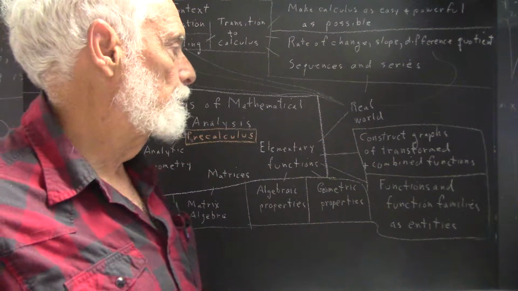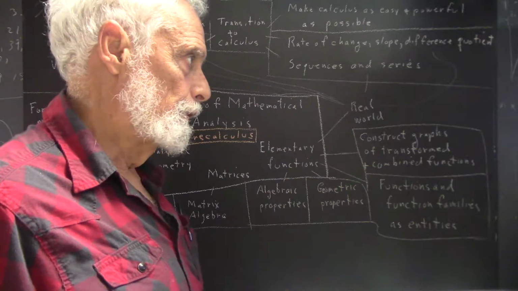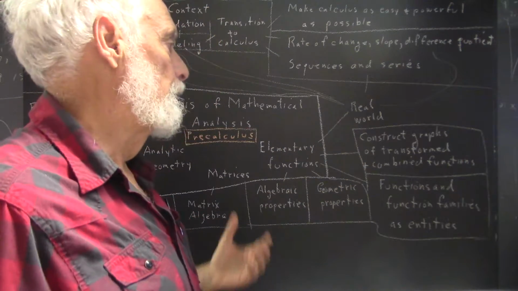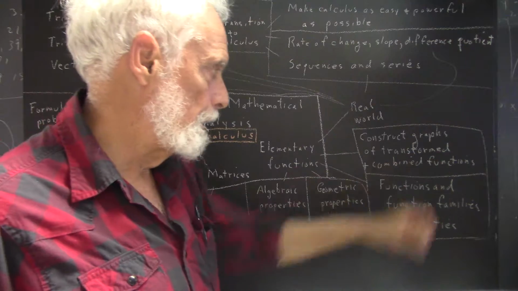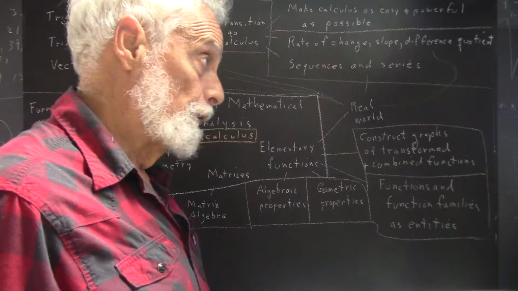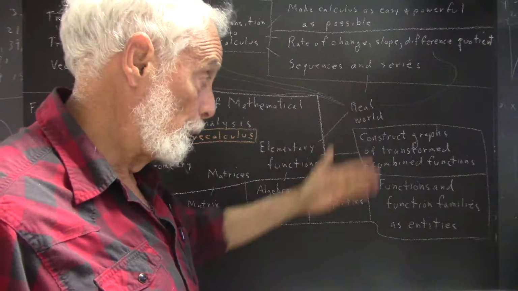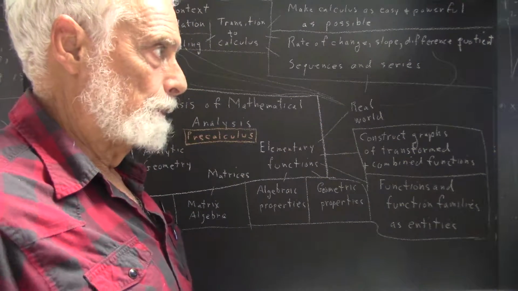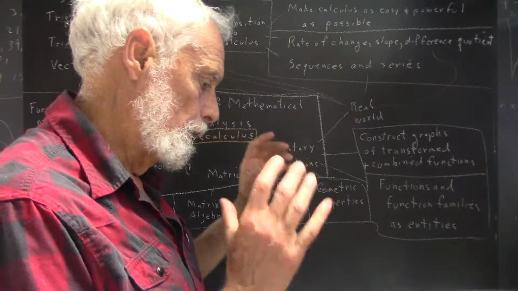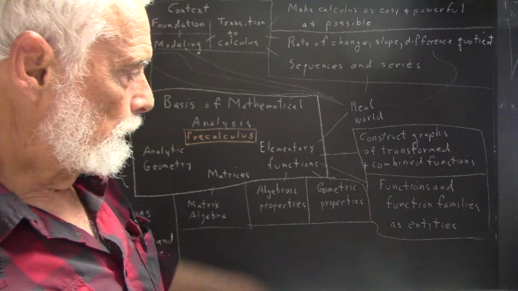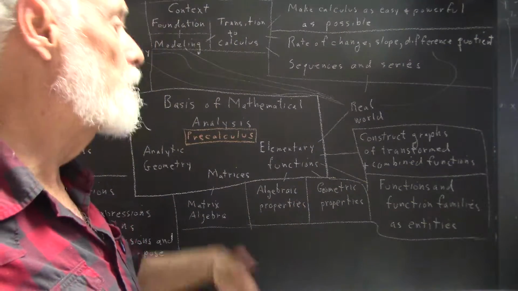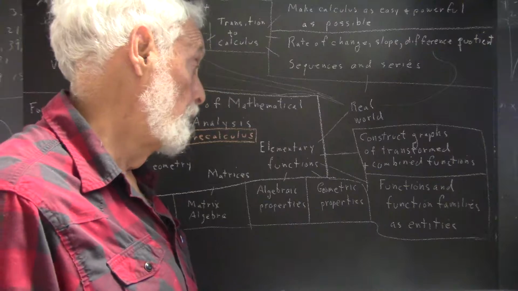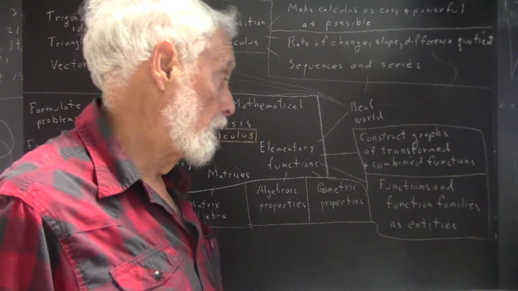We need to be able to construct graphs of the functions that we get when we do this. Of course, that can get really complicated when you have complicated combinations of the functions. We don't want to perform miracles here, but we want to get an idea of how to construct graphs and not punch them into a calculator and look at the pretty picture, which doesn't really tell you much of anything. Although the ability to interpret a graph is still important, you need to know how to construct them.